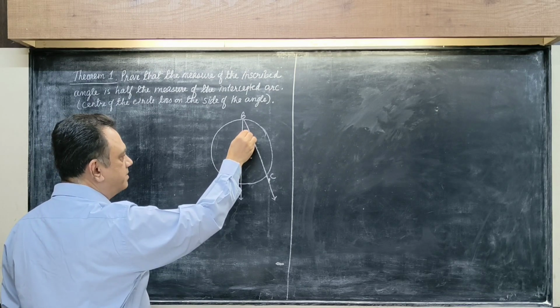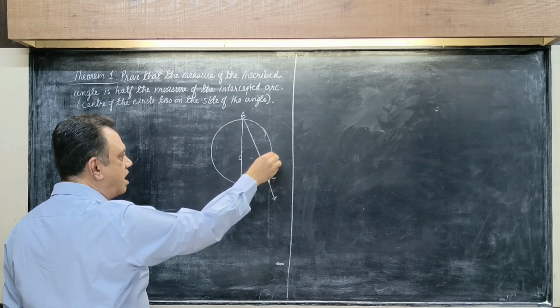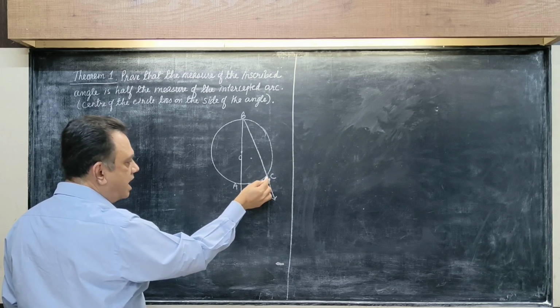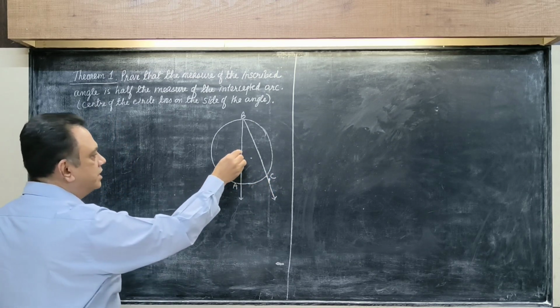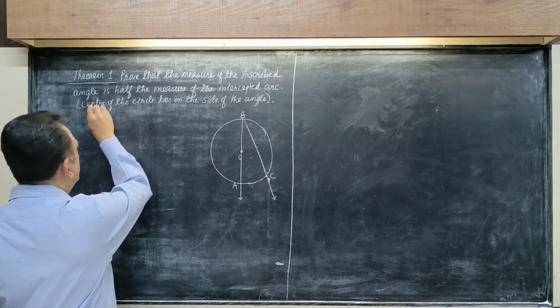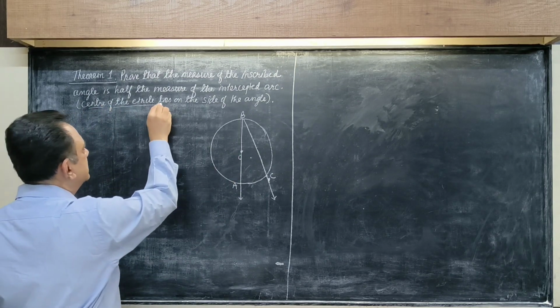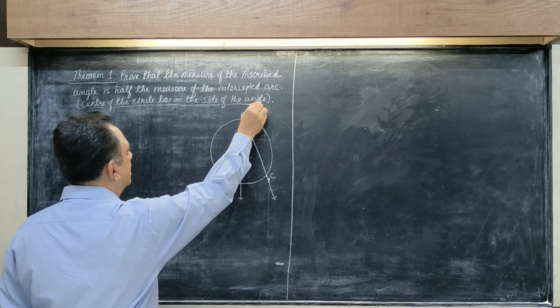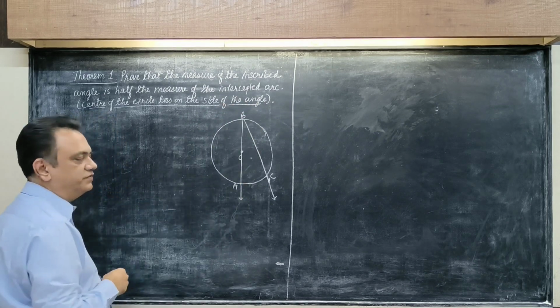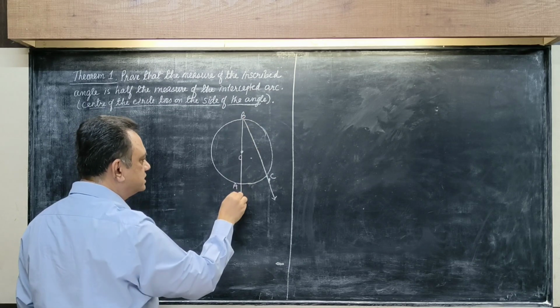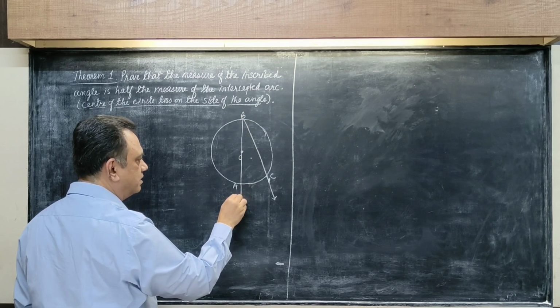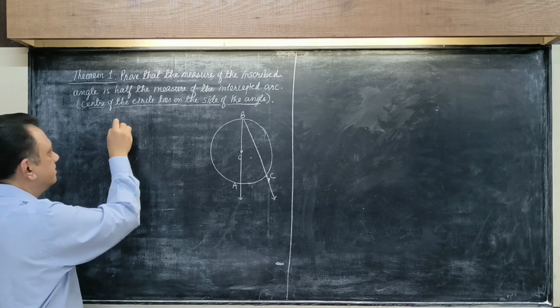ABC is the inscribed angle inscribed in arc ABC, and AC is the intercepted arc. If you see here, I am satisfying the condition: center of the circle lies on the side of the angle. So I have drawn the diagram.